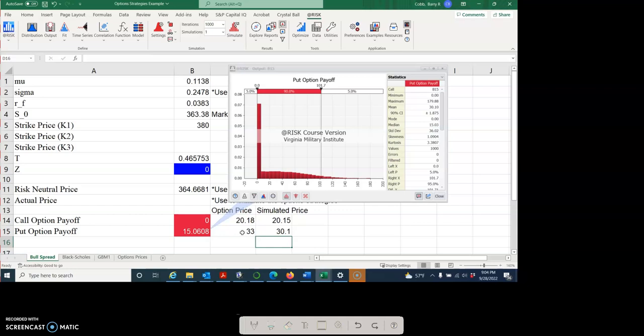So if this SPY, in the future, if we were to hold this option, would get close to 0 in terms of its value, or even at least really, really low, we might decide to exercise this option early and go ahead and take our payout. Remember that the put option is a bet that the price of this SPY is going to decrease. So if it decreases enough, we might go ahead and exercise the option early. And that has value that's captured in the market, but not necessarily in this simulation.